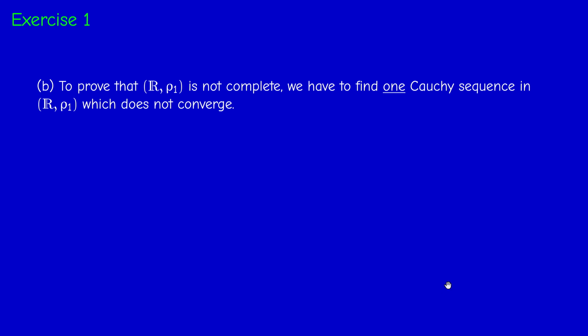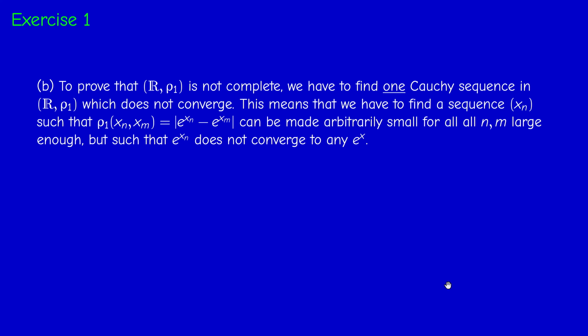Okay, second question. As we said, you have to find one Cauchy sequence in (R, rho 1) which is not convergent. How to think of this? What do we want to prove? We want to find a sequence x_n of real numbers such that |e^{x_n} minus e^{x_m}| tends to 0 as n, m become very large. However, we want e^{x_n} to not converge to any e^x, so it does not converge to any positive number.